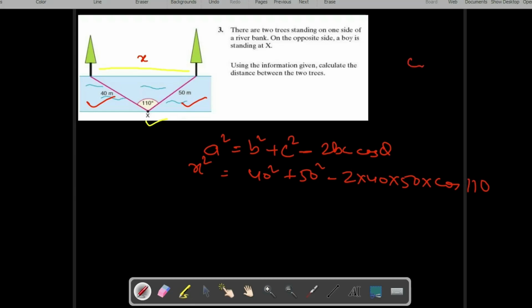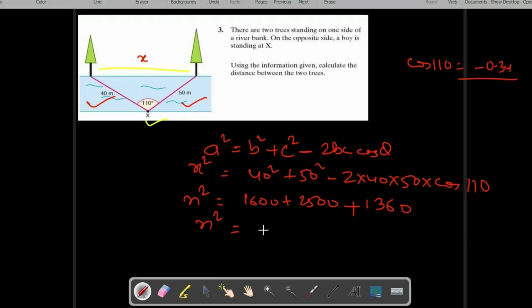Since 110 is greater than 90, cos 110 is going to be minus 0.34. So x square equals 1600 plus 2500, and minus and minus is plus, and solving this I will get 1360.